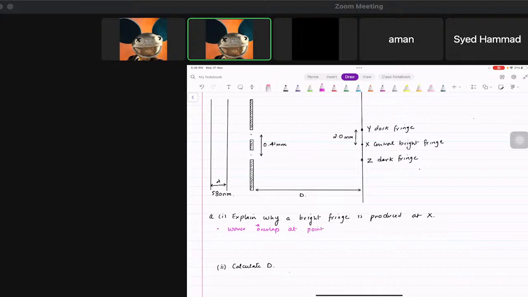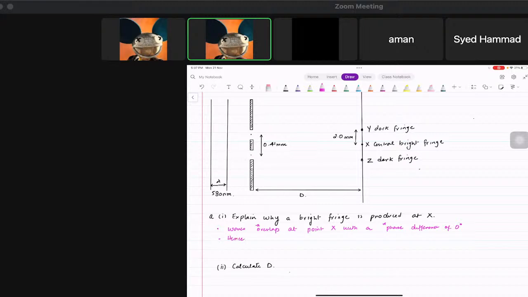Waves overlap at a point x with a phase difference, because phase difference plays a big role in this. If the phase difference is 0 degrees, then it will constructively interfere.